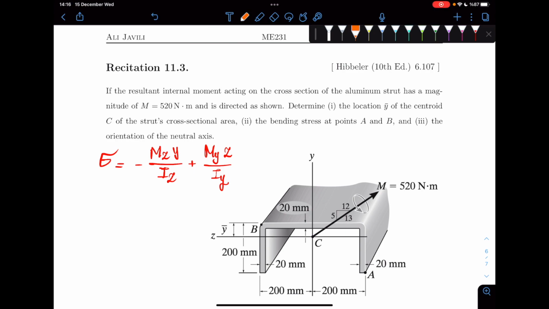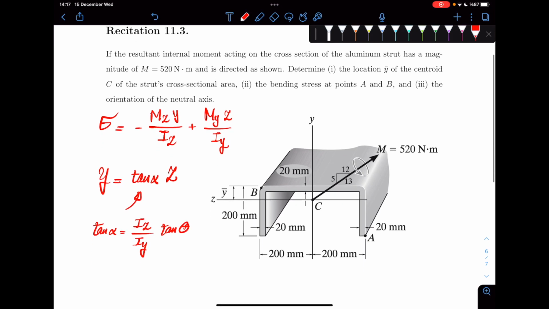The second thing you need to be very careful about is that when we did these sort of examples and introduced our formula, we had this thing that we said y equals tangent alpha times z, for instance, and that tangent alpha itself was something like Iz over Iy tangent theta.